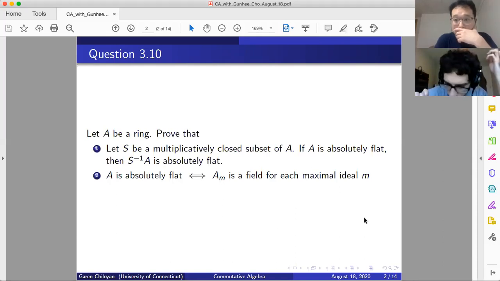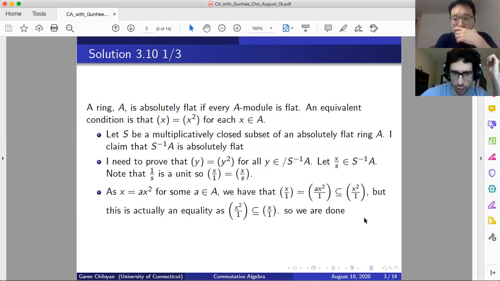Absolutely flat is a condition on a ring, and there are many equivalent conditions. A ring A is absolutely flat if every A-module is flat. If every A-module is flat, then they just say the whole ring is absolutely flat.